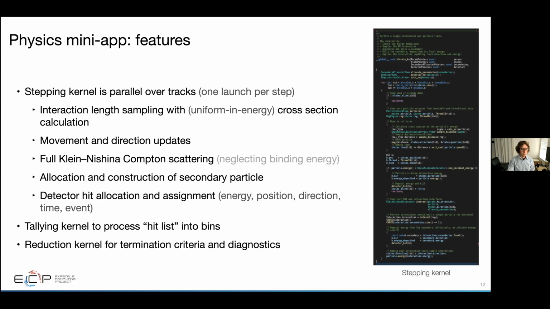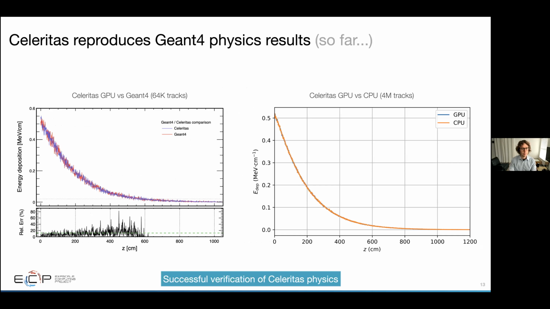We do interaction length sampling, we move the tracks around, we do the actual full Compton scattering kernel, construct secondary particles and allocate them on device. We allocate hits on device and assign the energy deposition to them. And we have a couple of helper kernels that do tallying, basically.